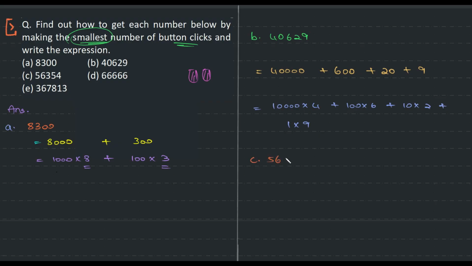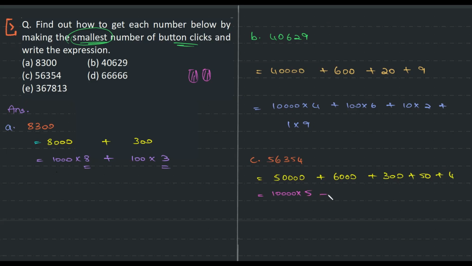Then we have 56,354. So this I can write as 50,000 plus 6,000 plus 300 plus 50 plus 4. See, all I'm doing is taking each digit, looking at how far it is from the rightmost position, and then writing this. So 50,000 plus all of this will add up to this, right? How do I get 50,000?